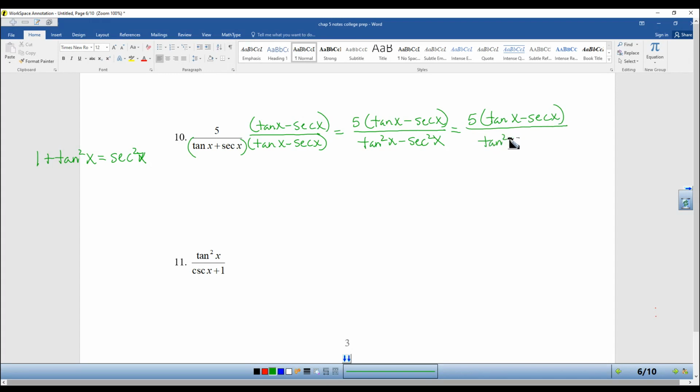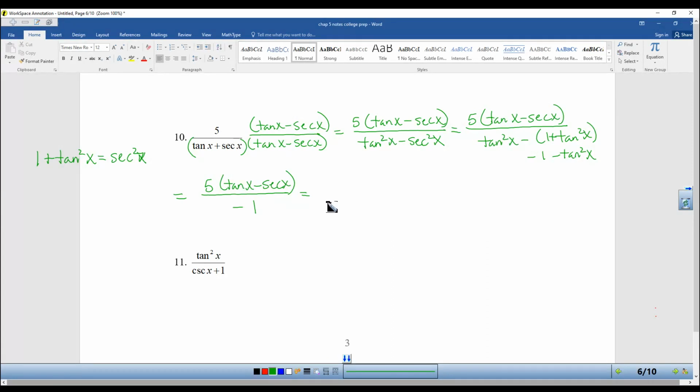This is tangent squared x minus 1 plus tangent squared x, which if I distribute the negative means that my new denominator, let me just rewrite this numerator here, will be tangent squared x minus tangent squared x will just be a minus 1.